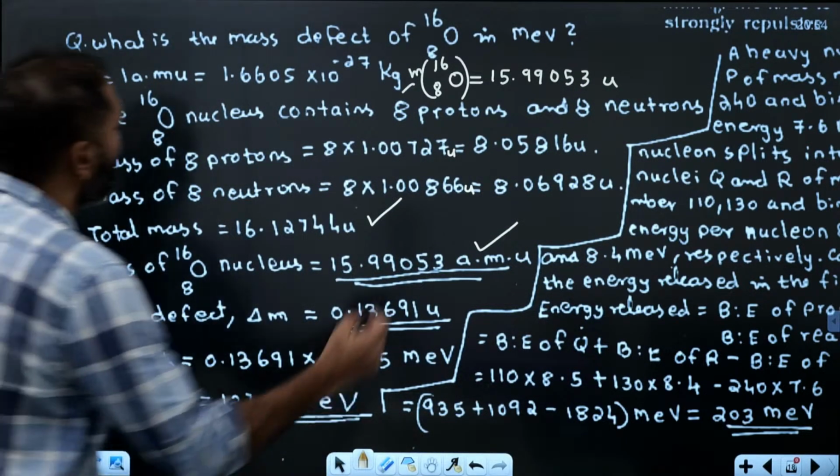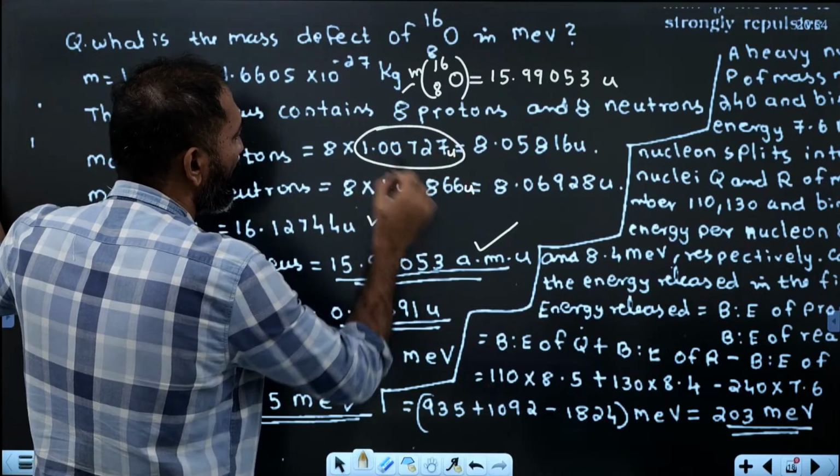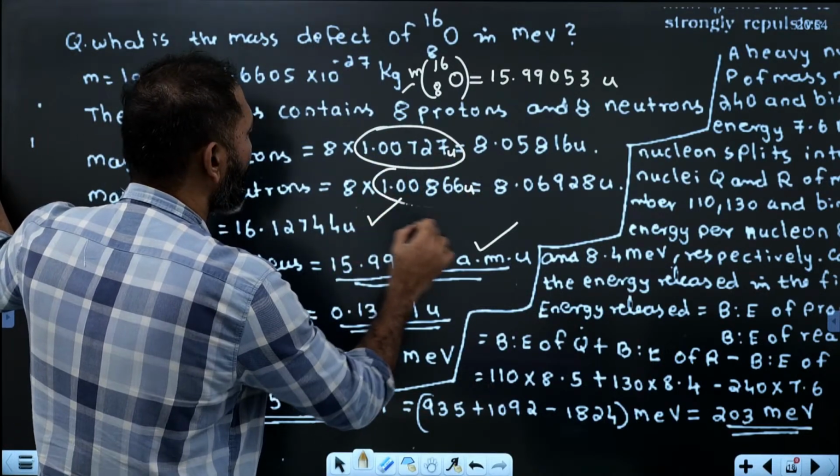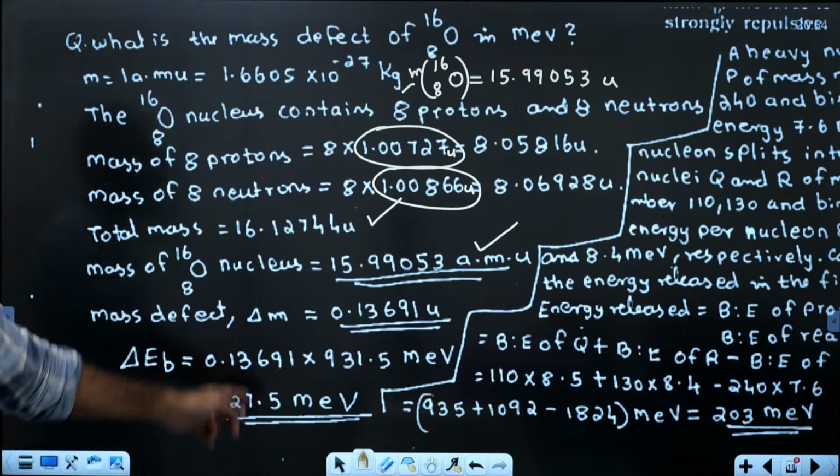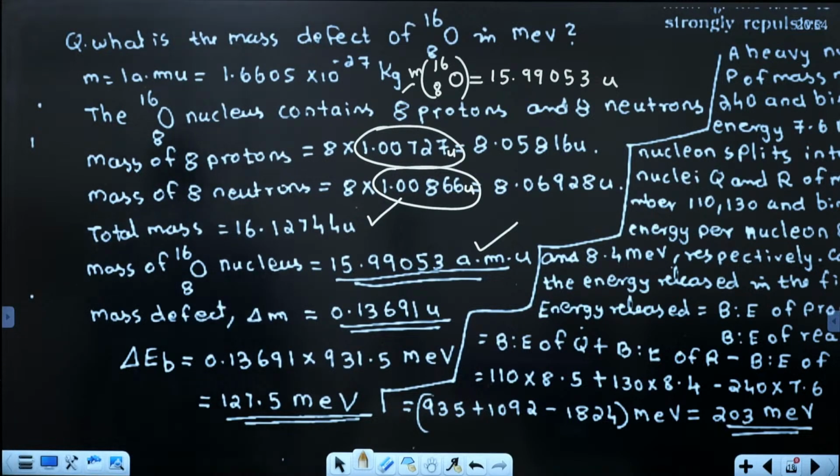Then the mass of proton in AMU and mass of neutron in AMU we should know. Here we are finding only the binding energy. We are not finding the binding energy per nucleon.